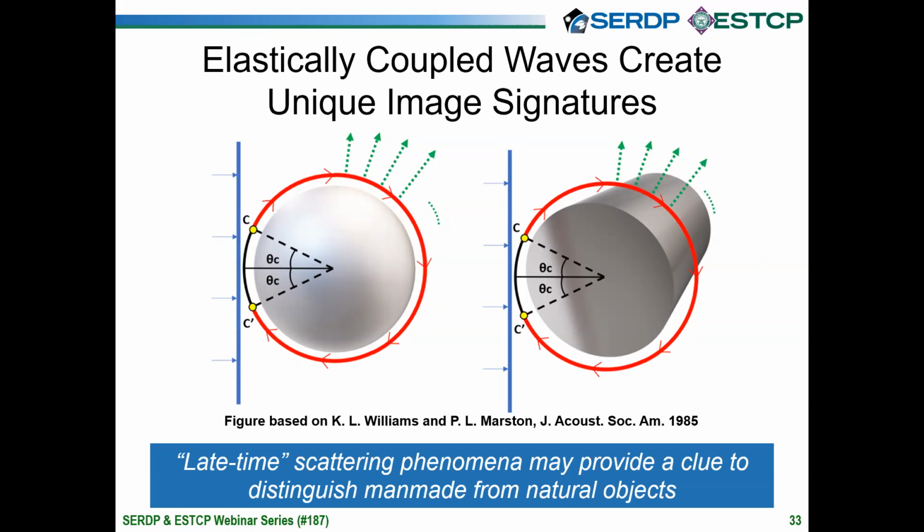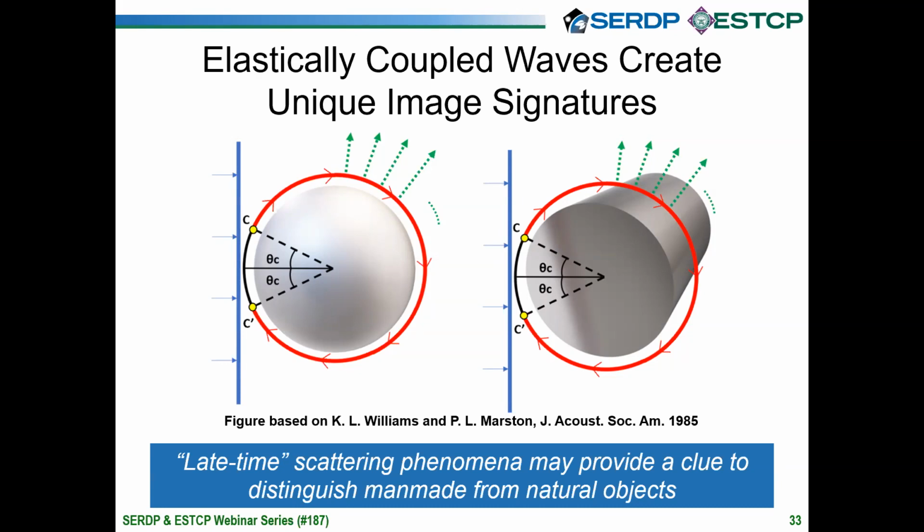Instead, the baseline image reconstruction paradigm is one where sound propagates from the source and scatters from the object geometrically. Essentially you want to think about it as the sound bouncing off the object, in some ways reflecting off the object, and then coming right back to the sonar system. There is no consideration in the standard image formation paradigm for sound to couple onto the object, propagate on the object, and then return to the sonar system.